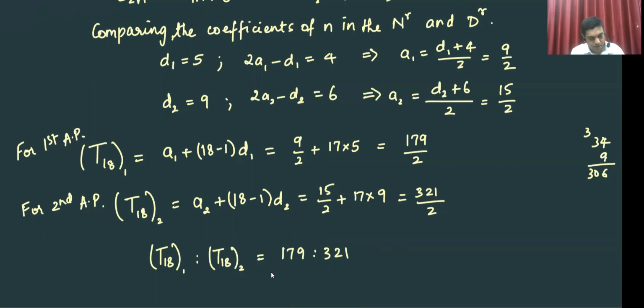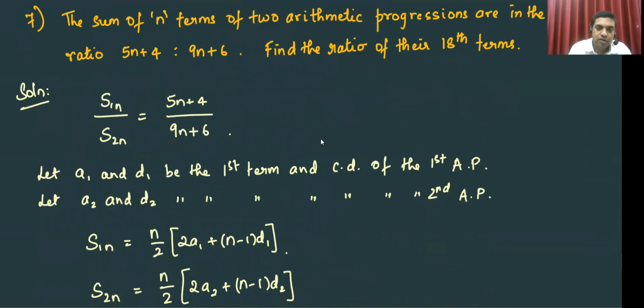All right, let me check the answer. Yeah, 179 over 321 is the answer. Correct.